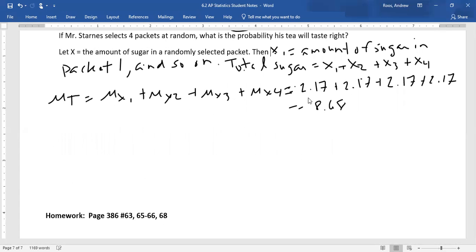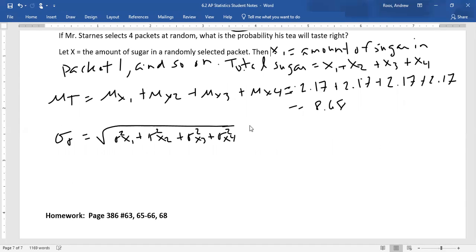Now for the standard deviation. The standard deviation of T would be the square root of the variances of X1, X2, X3, X4 added together.